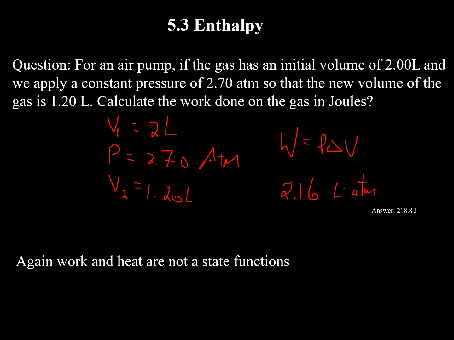So we use our previous unit conversion that we just introduced, where 1 liter atmosphere equals 101.325 joules. We would take the 2.16, and put 101.325 joules in the numerator and 1 liter atmosphere in the denominator. We would get a final answer of 218.8 joules.